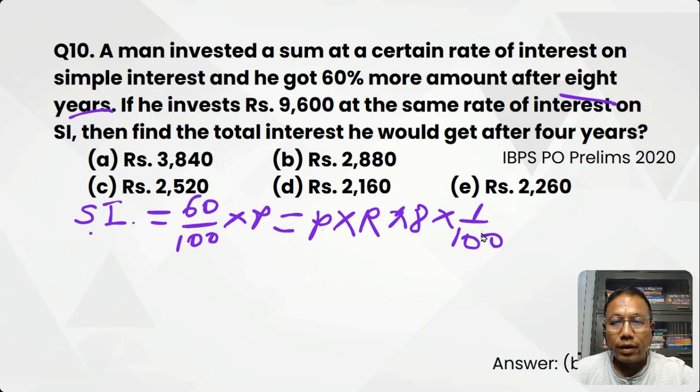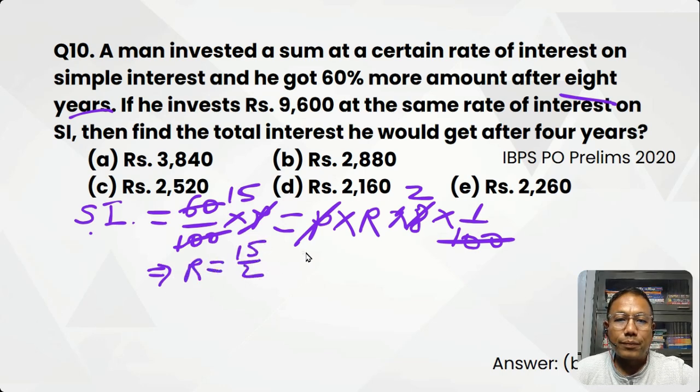This is the simple interest formula, and this simple interest is given in the question. We can cancel P and 100. What do we have? 4 twos are 8, 4 ones are 4, 4 fives are 20. R is 15 by 2. Cross multiply. We get 15 by 2%.